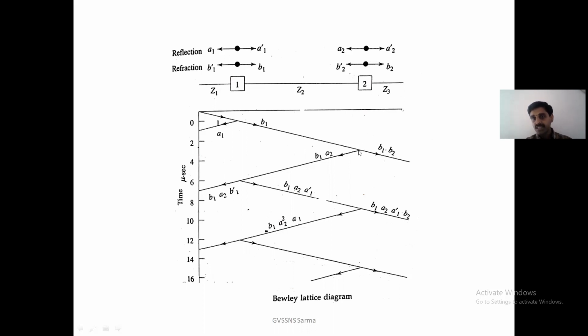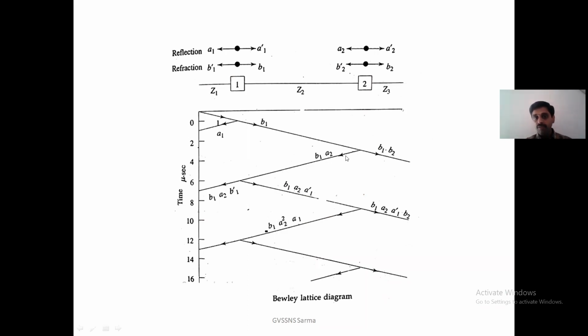Once it reaches junction J2, the reflection coefficient is A2, so B1 into A2 is reflected. The transmitted wave is B1 into the transmission coefficient B2, so B1 B2 is transmitted like this.